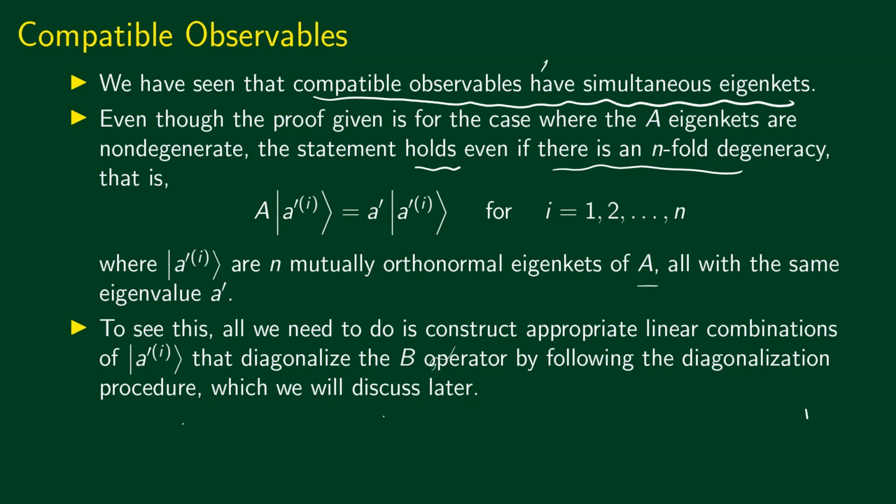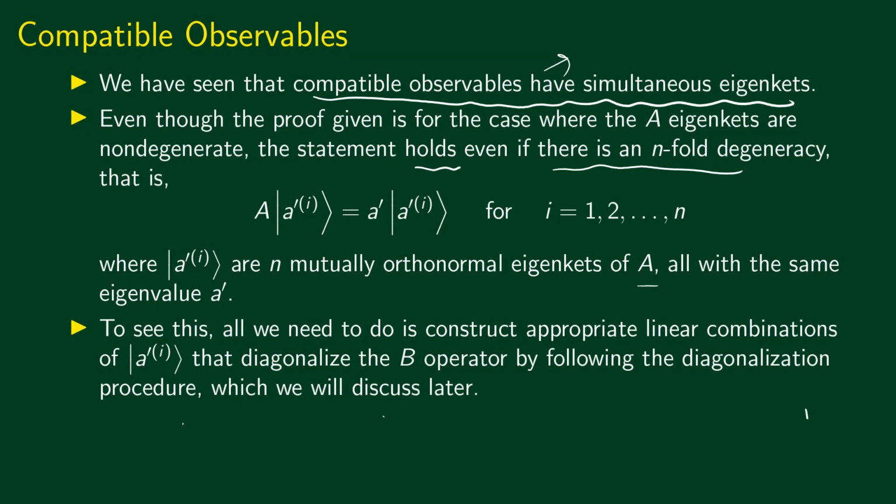We need to show that this statement is true even in the case of n-fold degeneracy. To see this, we need to construct appropriate linear combinations of a prime i that diagonalize the B operator. What does this mean?